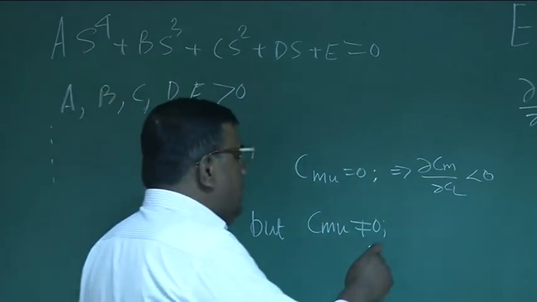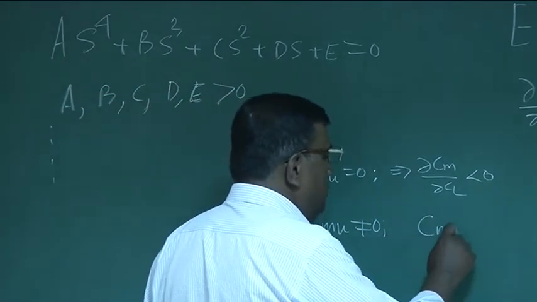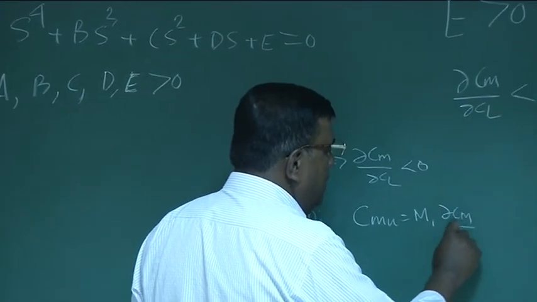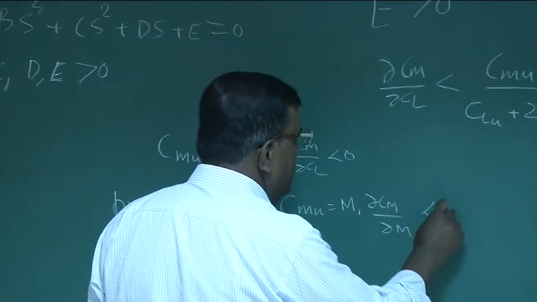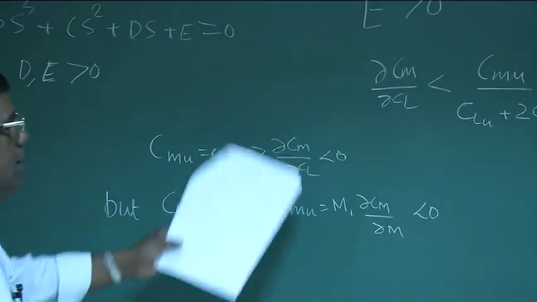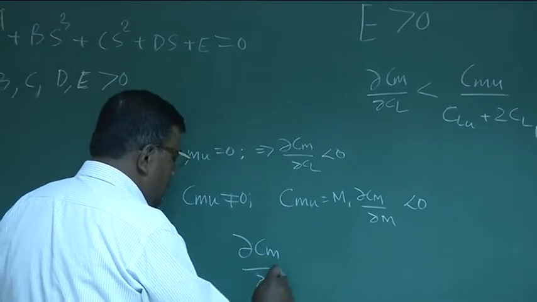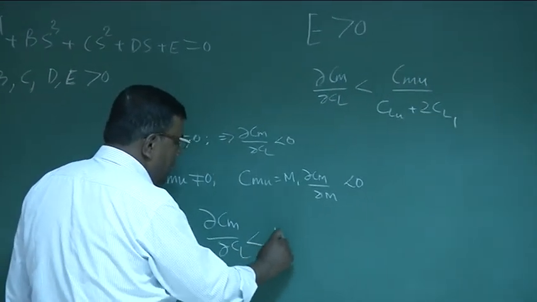Let's say at high speed, CMU, we know, is nothing but M1 dCm/dM, and which is less than 0. Then this condition says dCm/dCl should be less than A star.